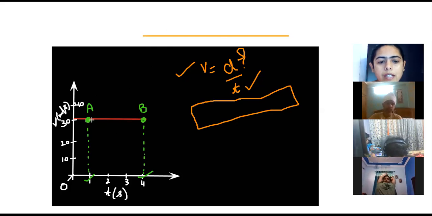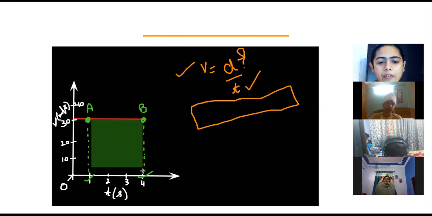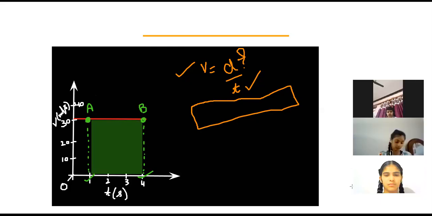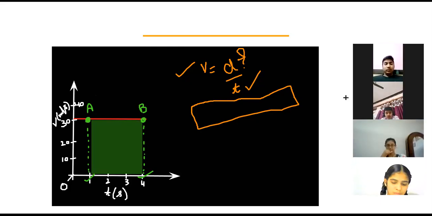Now what is here? Isn't it a kind of rectangle? So we are going to find the area of this rectangle, that is length into breadth, and that is going to be your answer. Till here we have covered in the previous class. Any question?